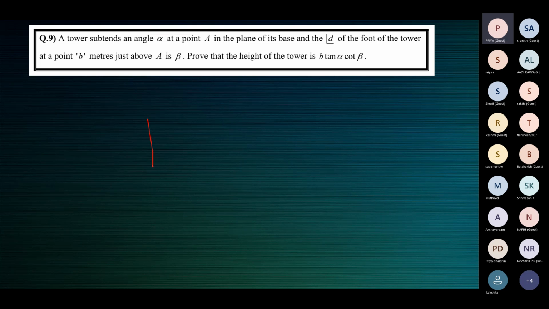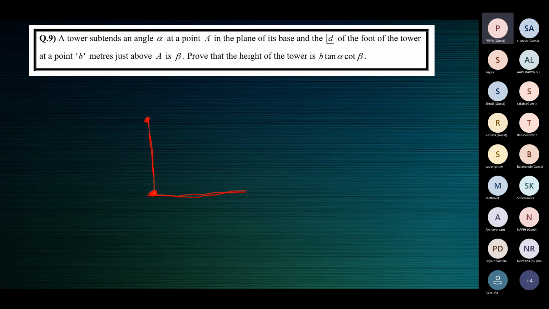See here, the tower. This is the foot of the tower. This is the plane where the base of the tower is, the level ground, the flat surface on which the base is. This is the tower, this is the top of the tower.